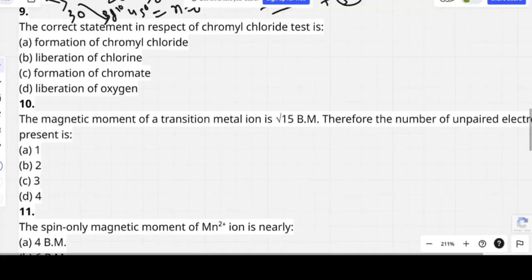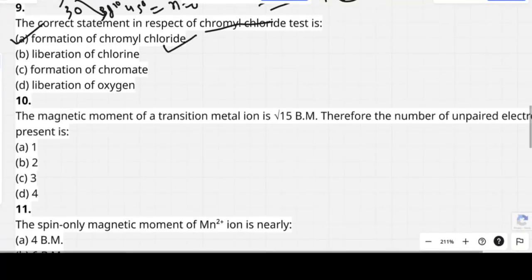So during the chromyl chloride test, the formation of chromyl chloride is the correct answer. During the test, I do not get chlorine gas, I do not get chromate, I do not get oxygen gas. Formation of lead chromate occurs, not chromate. So only option A is correct.